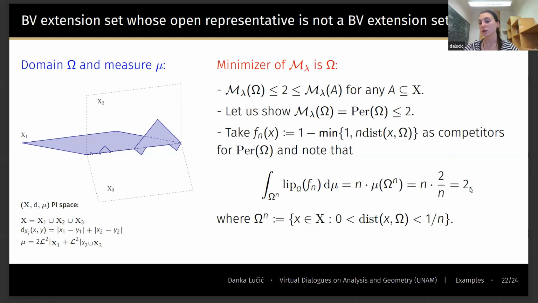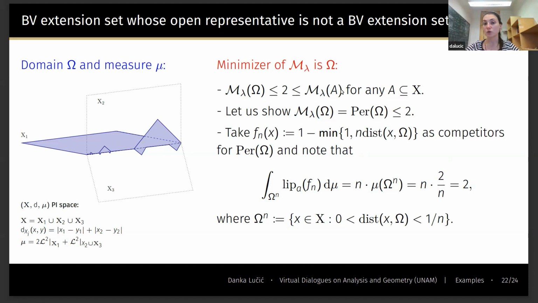So if you multiply it, you are getting exactly 2. Given that the perimeter is the infimum among all the sequences which approximate the characteristic function of omega, you are getting that it is less or equal than 2.